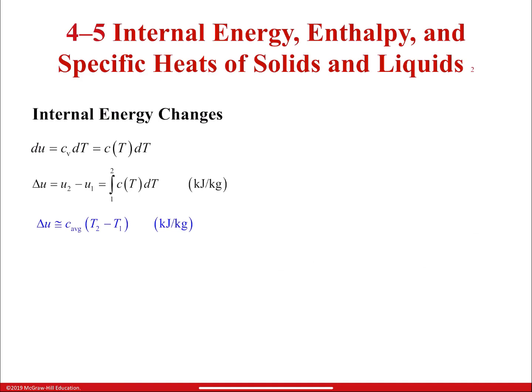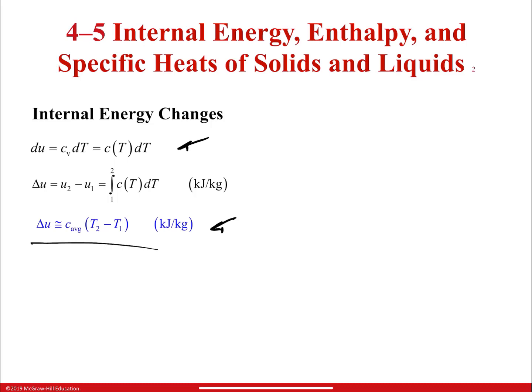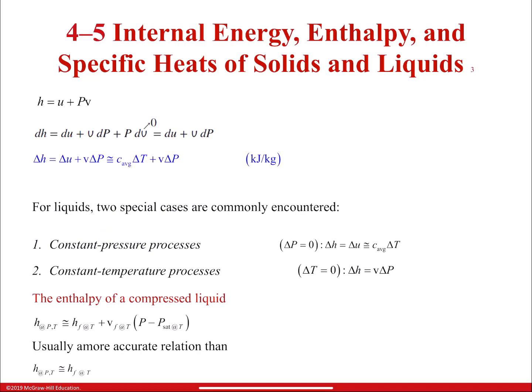Like I'm showing you right now, here are the internal energy cases. Delta U, it's just rewriting what I just wrote. Delta U equals the C average times T2 minus T1, and then we have two cases, at a constant pressure and at a constant temperature. There it is.